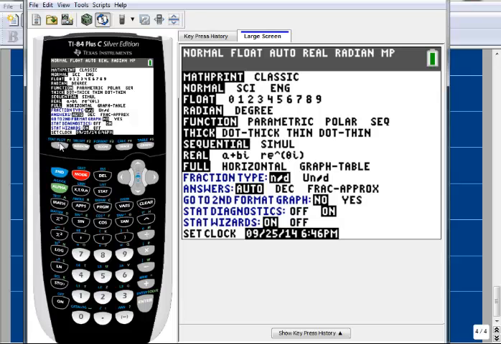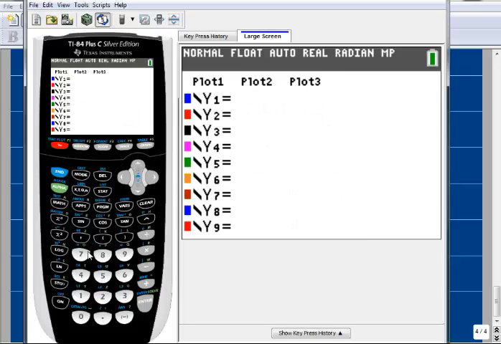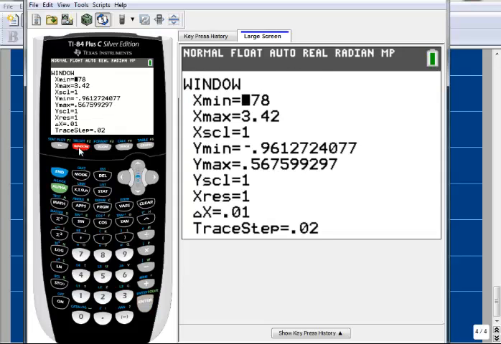Next, I'll press the y equals key, and I'm going to graph y equals sine x. I want to put this in an appropriate window, so I'm going to press the window key. Typically we've graphed these on an x-axis that goes from negative 2 pi to positive 2 pi, and we've seen 2 complete cycles of the sine function by doing that.